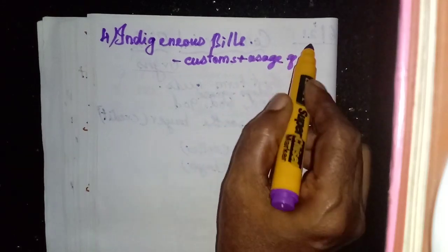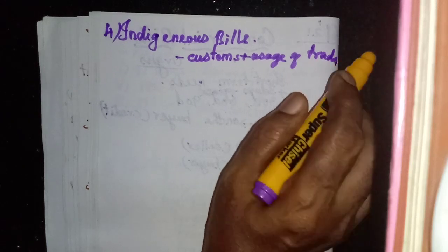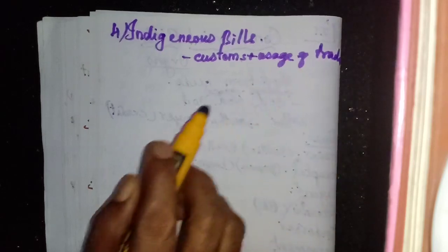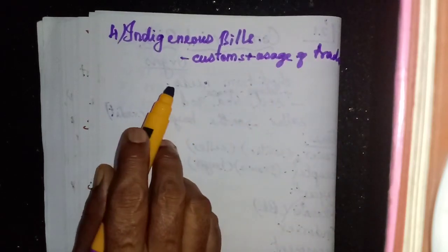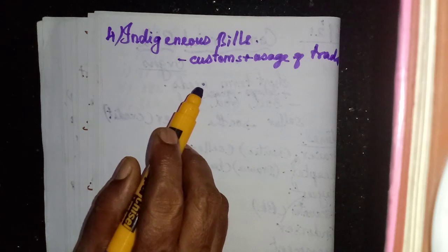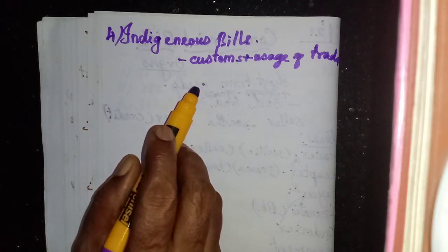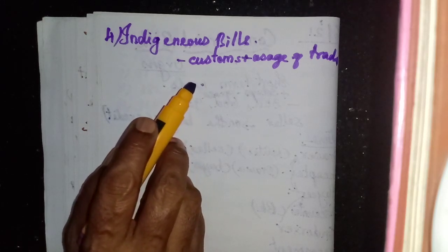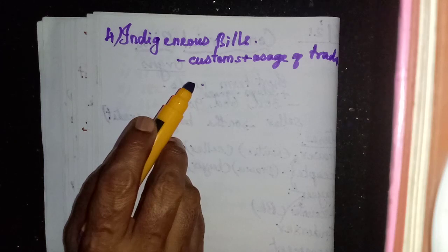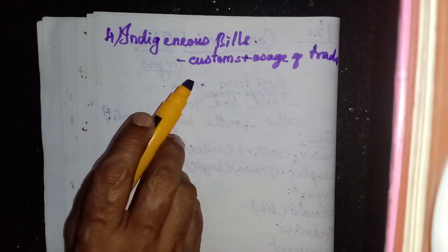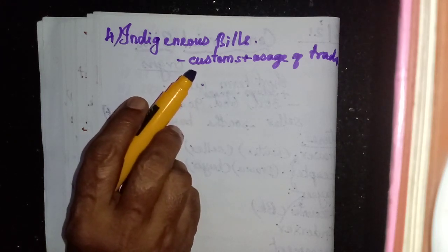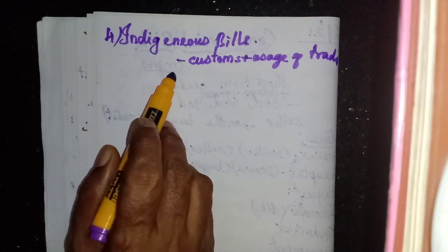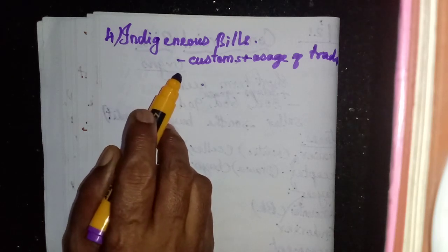The drawing and acceptance are as per their trade, and they can draw any bill. That is called indigenous; we can say miscellaneous bills, not like a foreign bill or documentary bill, some other type of bill. Those who draw them can withdraw the money. They are called indigenous bills. Now, accommodation bills.